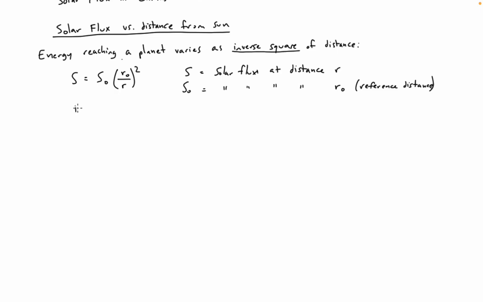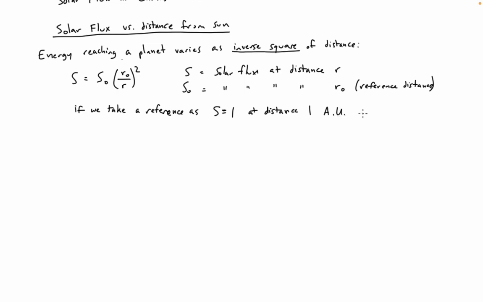So if we took a reference distance as 1, and a solar flux, whatever the flux is, we'll just call it 1, at a distance of 1. The distance between Earth and the Sun is also called an astronomical unit.